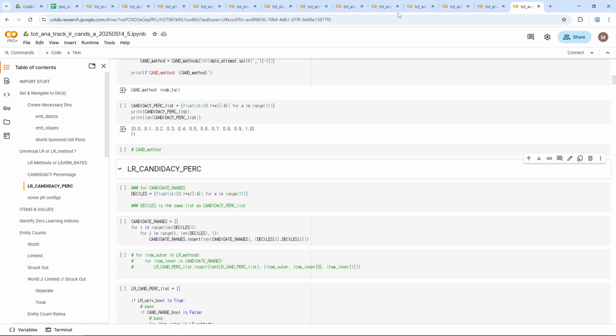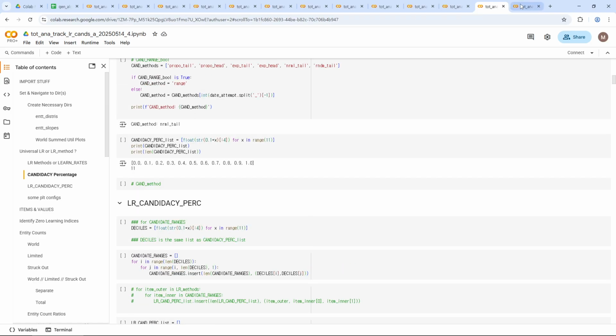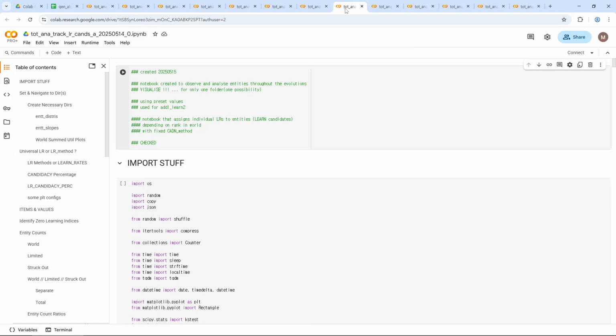Yeah. For the normal and random, it just says tail here, but they're not. It doesn't mean anything. I just put them there for the sake of formatting.